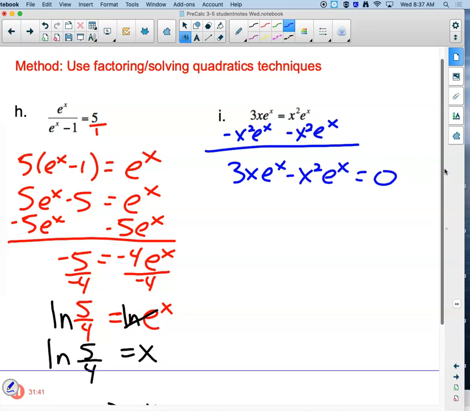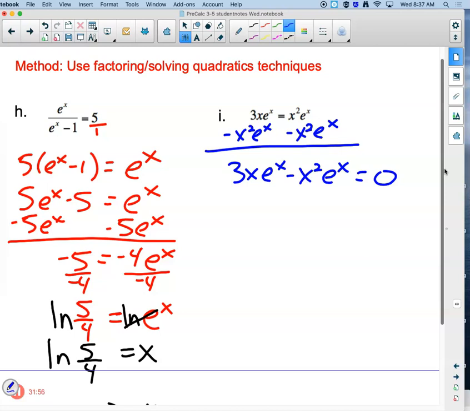Typically, when we're trying to factor, we'll move everything over to one side because solving means finding the zeros. The first one we didn't necessarily have to do that for, but let's take a look and see what's going to go on here, using factoring methods.